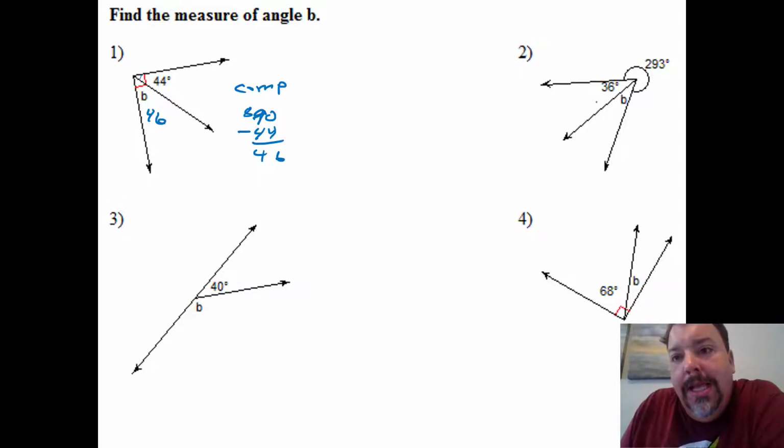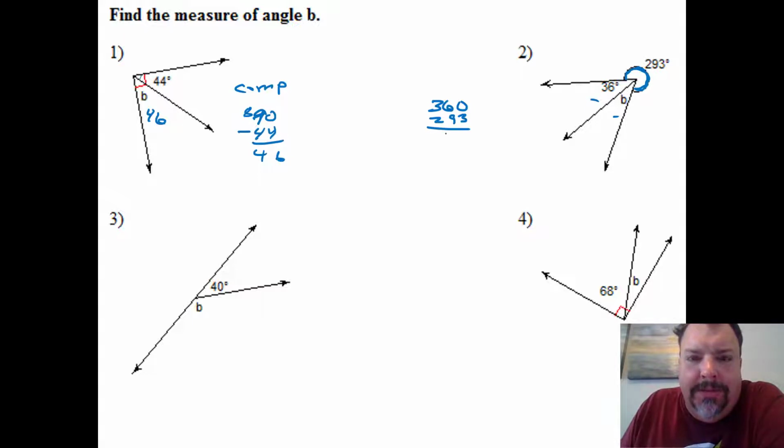For number two, here we have two adjacent angles. And remember, for adjacent angles, we also have to know this exterior angle if we have to find a missing angle. So here we're going to take 360. We're going to have to subtract off 293 and then subtract off 36. So let's go ahead and do that. Let's subtract off the bigger one first.